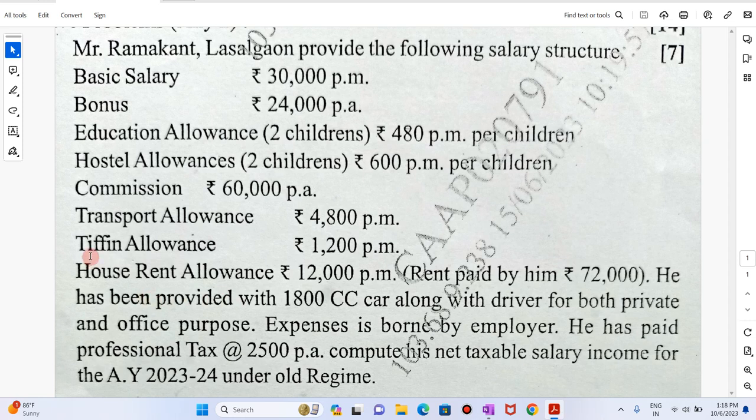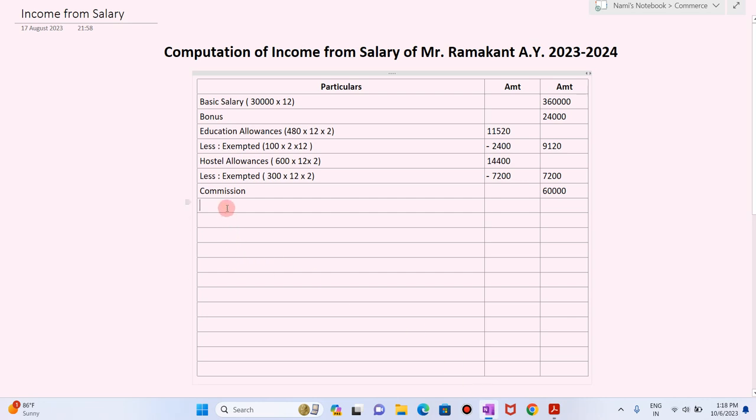After commission, next is transport allowances. How much is transport allowances? Rupees 4,800 per month. And transport allowances is fully taxable.